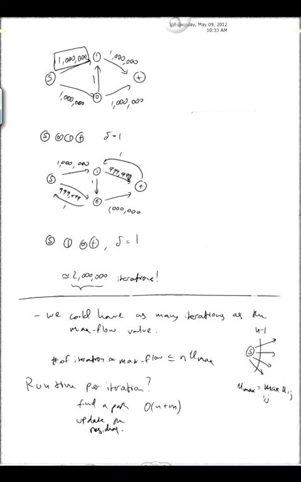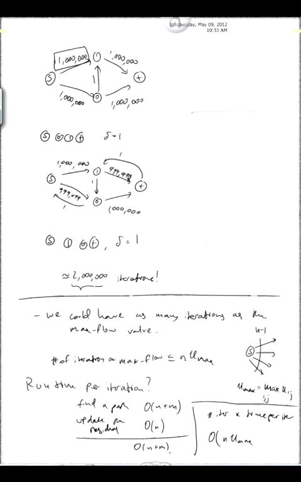The updating of the residual only happens on the edges that are on the path, and there are at most n edges on the path that we find. Updating the residual for each one of those edges just takes constant time. So updating the residual takes O of n time total. That means that each iteration takes O of n plus m time total. So the overall running time of Ford-Fulkerson is just the number of iterations times the time per iteration, which is O of (n plus m) times n times U max.